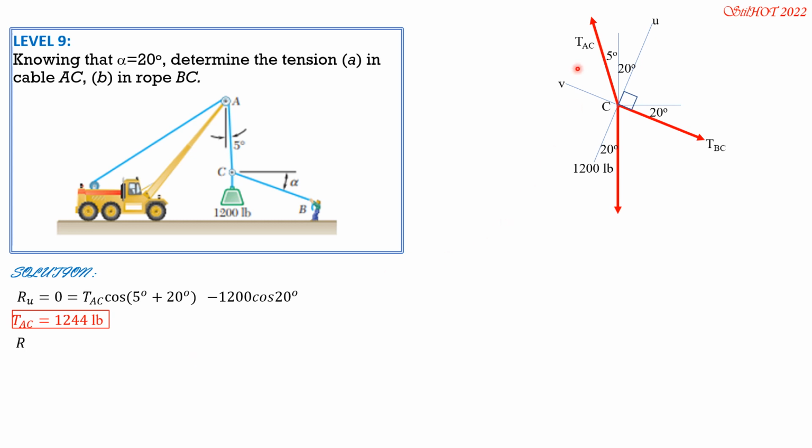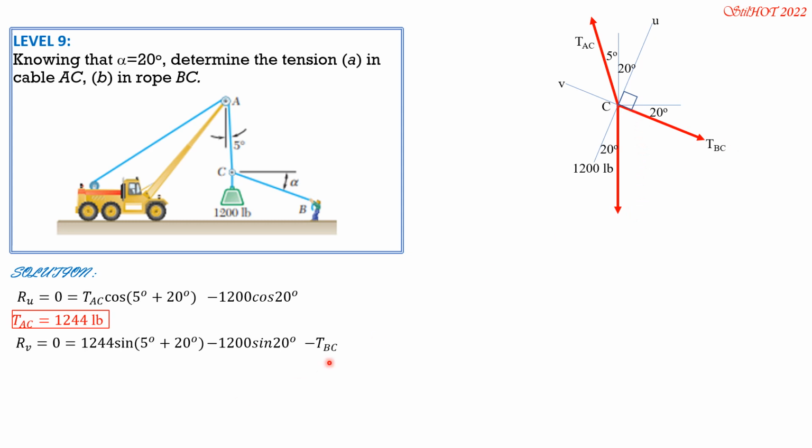Then R sub V equals 0, and it is equal to tension AC sine of 25 in the positive V direction. Tension AC, which is 1,244, sine of 5 degrees plus 20, that component there, then minus 1,200 sine of 20, this component here, minus tension BC.